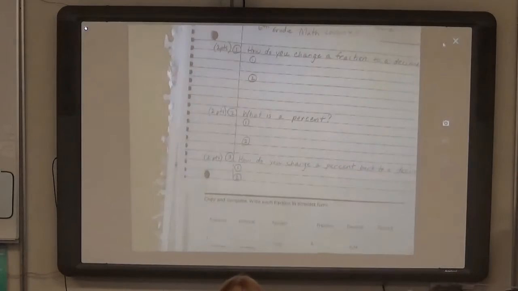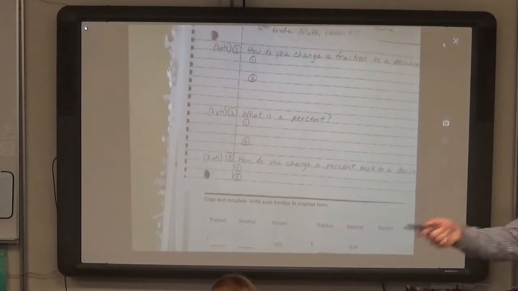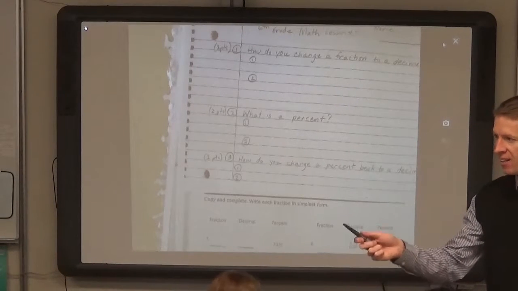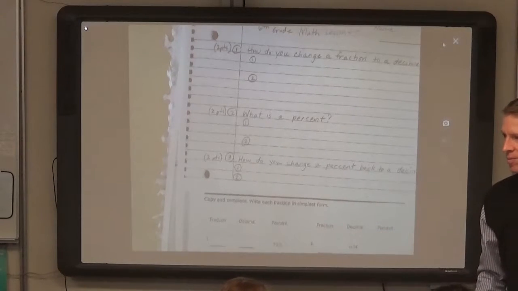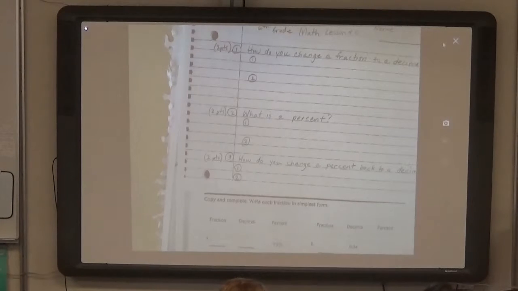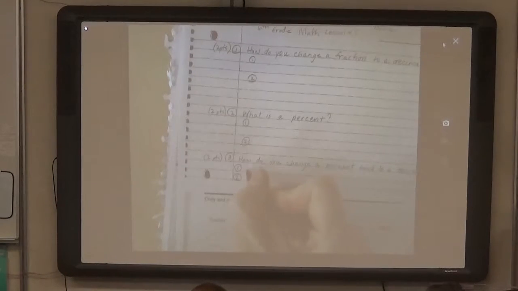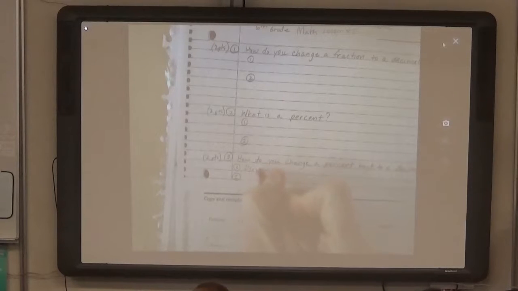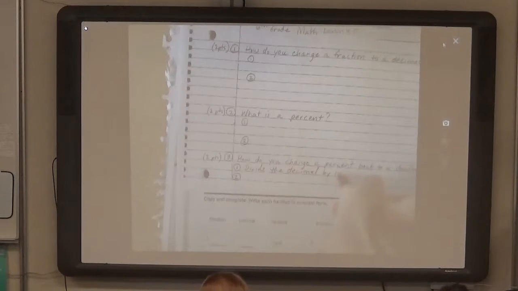So how do you change a percent back to a decimal? Divide it by 100 and move the decimal point 2 places to the left. Divide the decimal by 100.